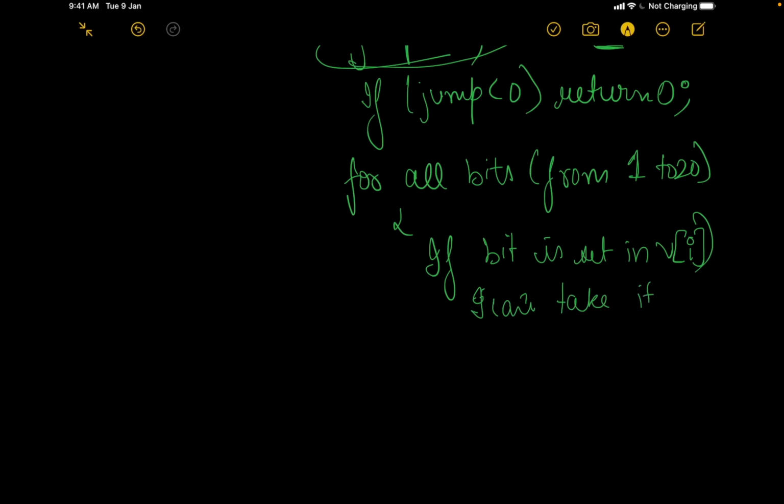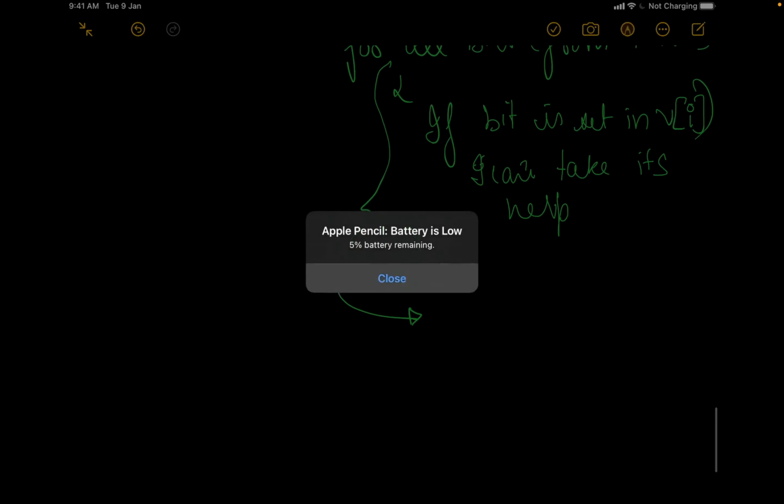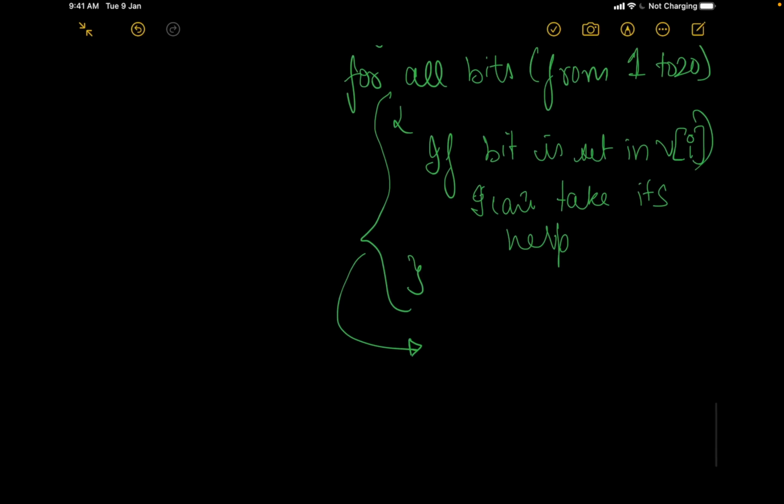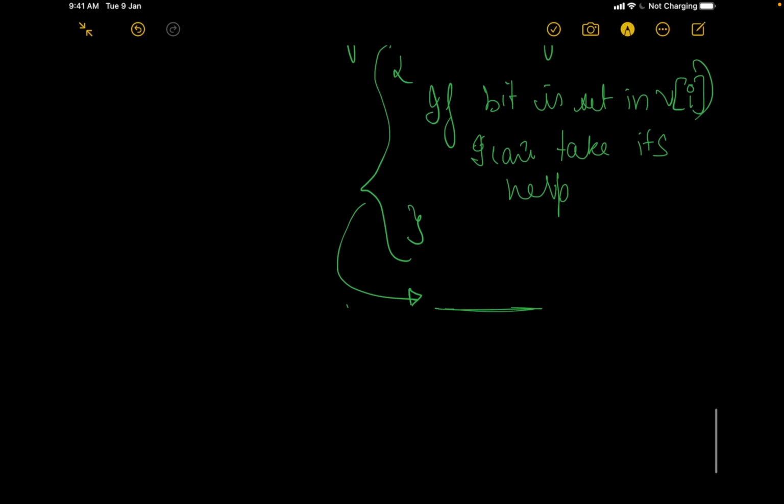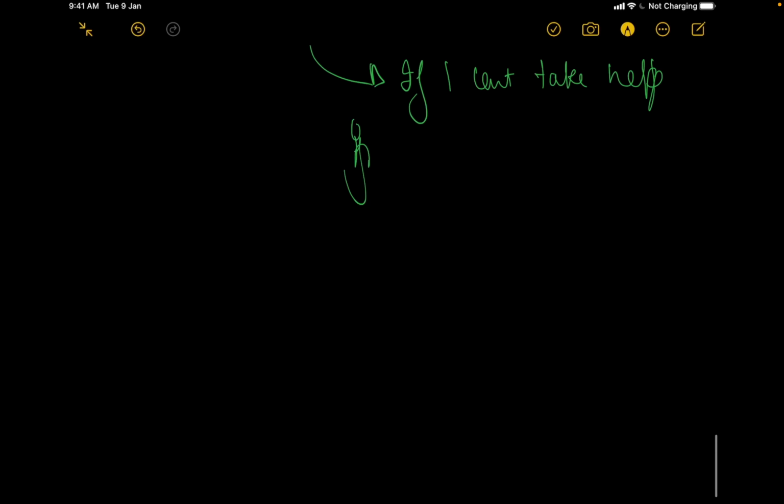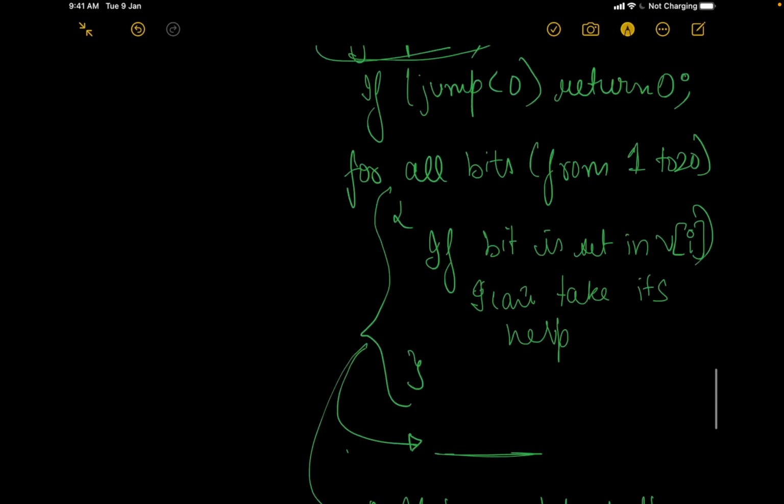So now I'll check if this criteria was met. If this criteria said that I cannot take the help, then I can't do anything. But if I can take help, I'll update my jump. So now my jump would be the maximum of the jump I already have, or I can take the help of this particular element also, right? So yeah, that does it.